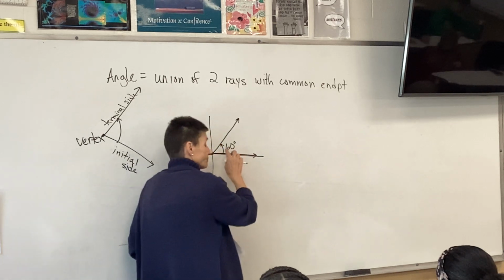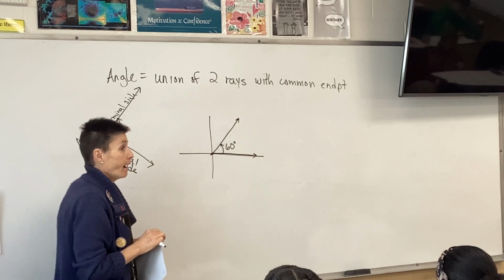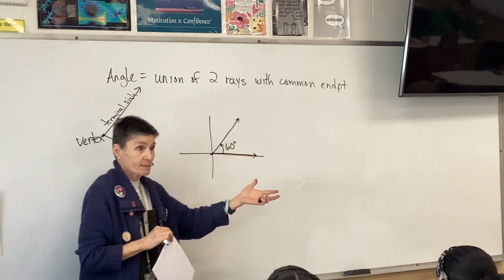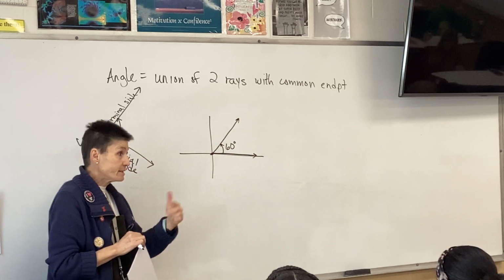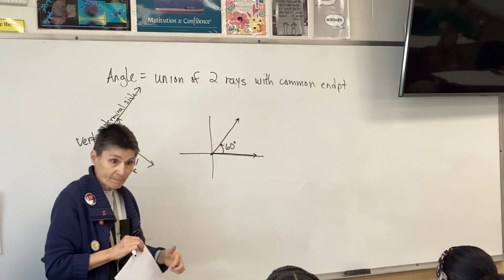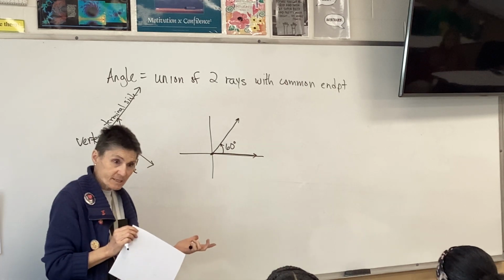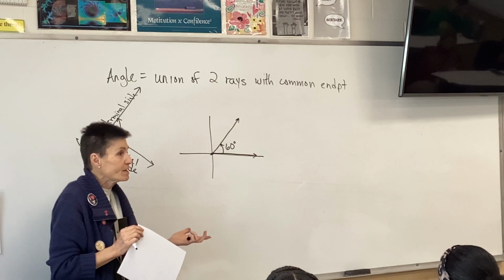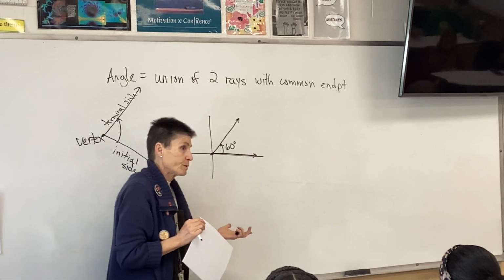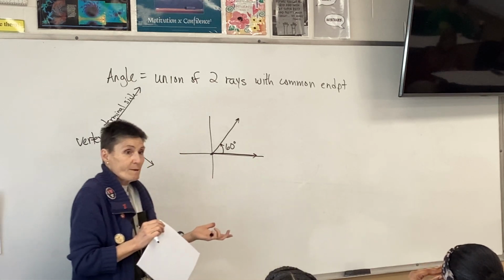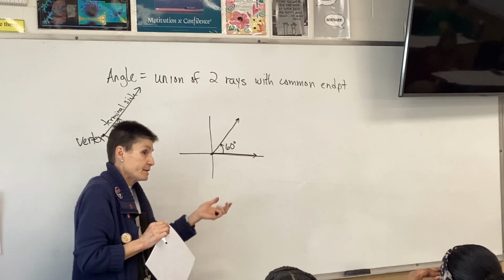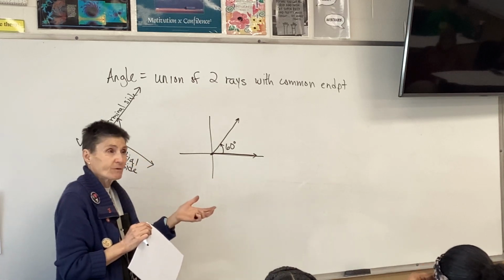This angle, I measured in degrees. And for us, where we are right now at this moment, that makes perfectly good sense because it's probably the only way you've ever measured angles. Think back in geometry with your little protractor, weren't you measuring in degrees? Like 40 degrees and 180 degrees and whatever.